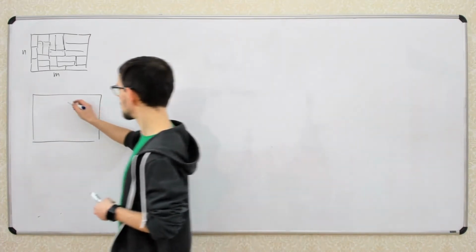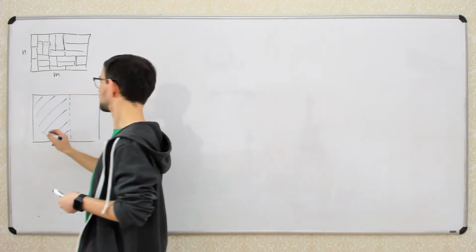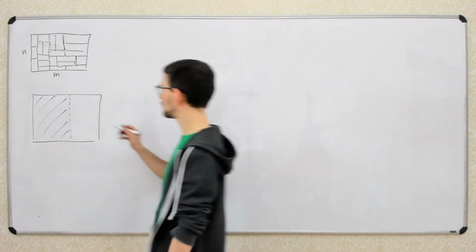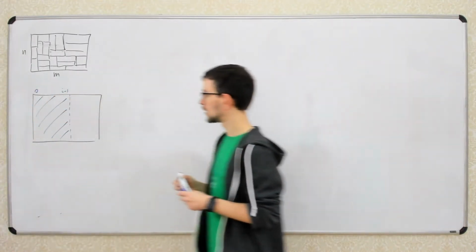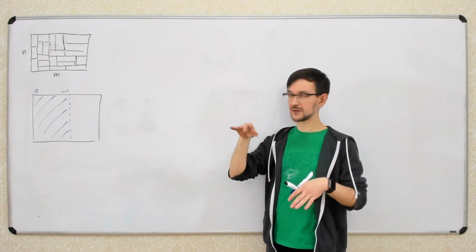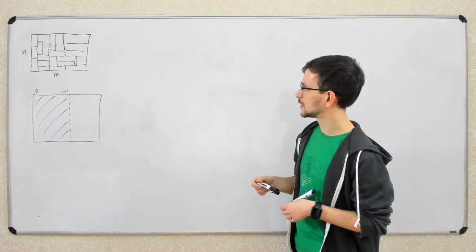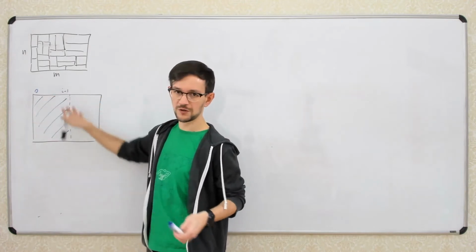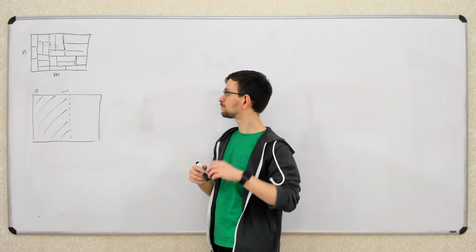The current state is when you have already filled the first i columns of the rectangle, so columns from 0 to i minus 1. So this left part is already filled with tiles. Let's call them tiles. So you somehow fill all this left part with tiles of 2 by 1.